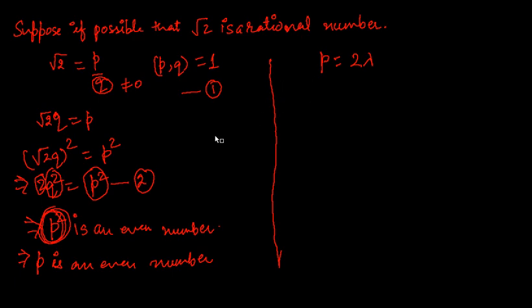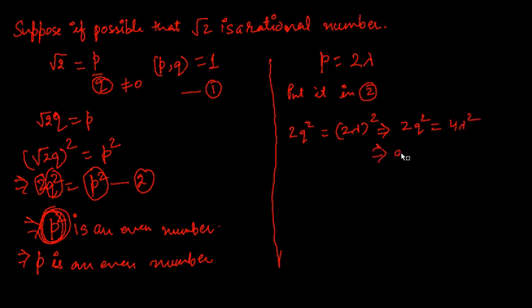So if p is equal to 2 lambda, put this in 2, you'll get 2q square is equal to 4 lambda square, which says q square is equal to 2 lambda square. Now this says that q square is an even number.